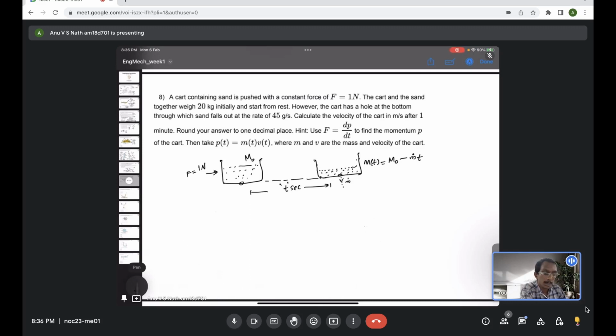So we will repeat the same process now. So F is dp by dt, which is d by dt of m times v.